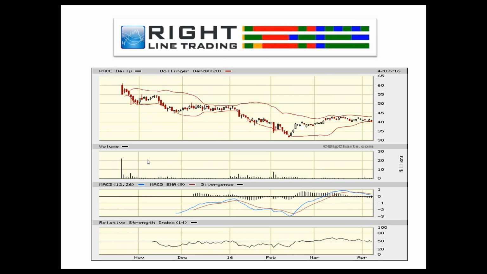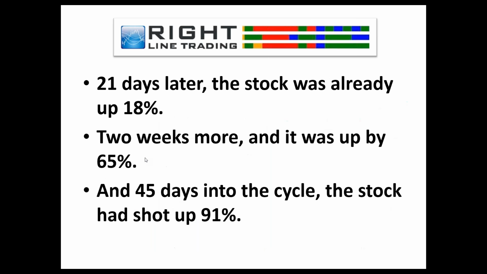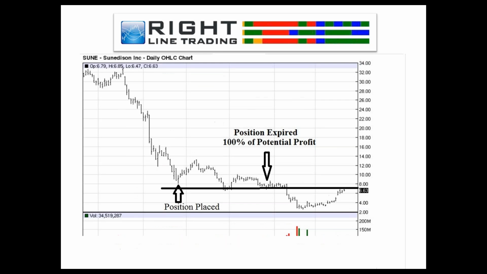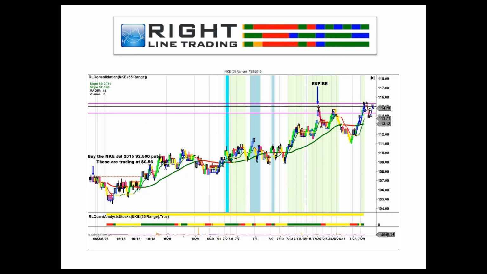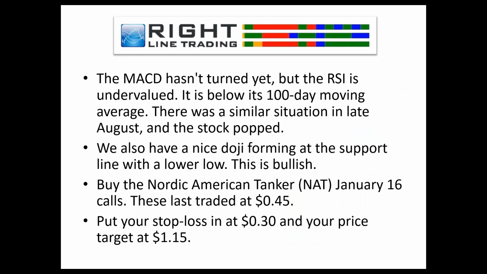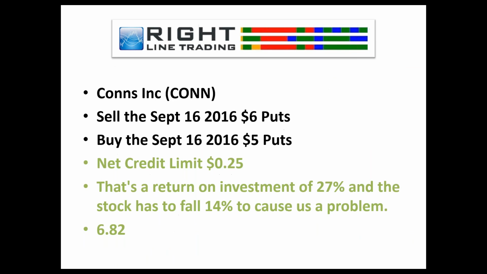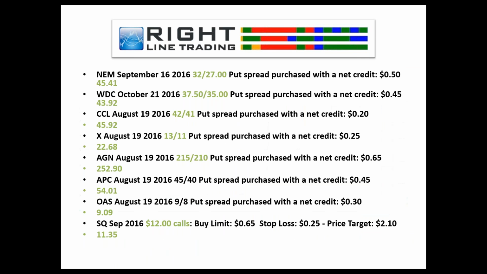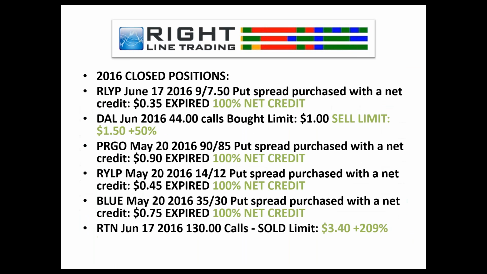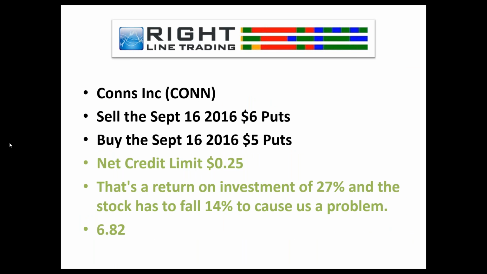Like on this position on cons, because it's the only position I put in here that was just executed. Because cons did pull back about 10 cents to get us into the position. Everything is very, very easy to do because I give you a net credit limit.